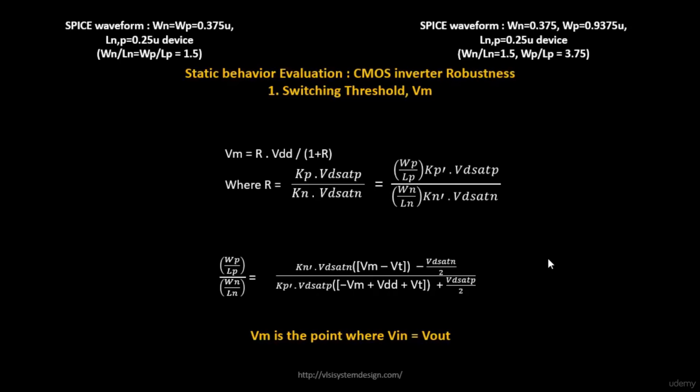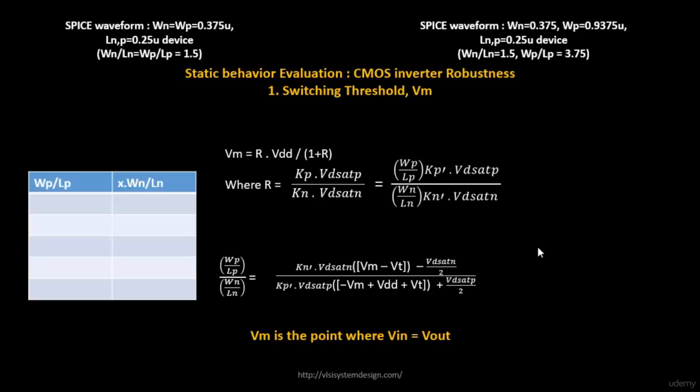What we'll do is, from the next video, we'll do some spice simulations, and the spice simulations will be based on a certain table. We will have a w by l of the pmos, we'll have x times w by l of the nmos, and we are going to vary the value of x, do the spice simulation and see where the switching threshold lies. So it will be something like this.